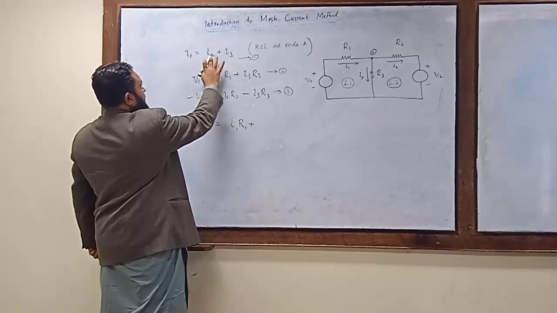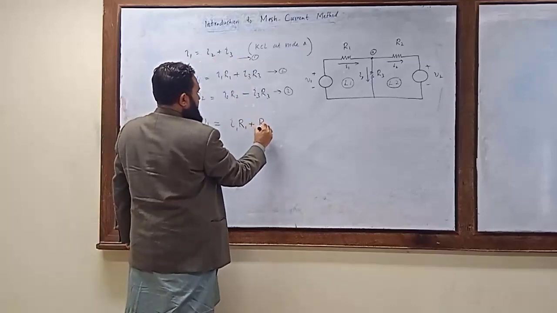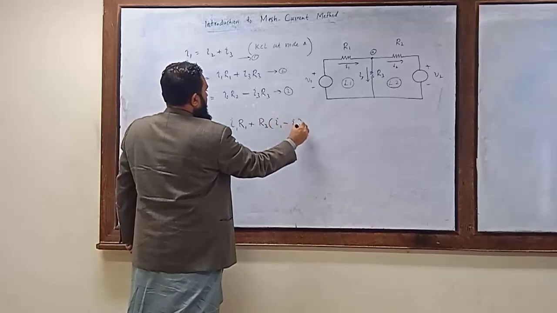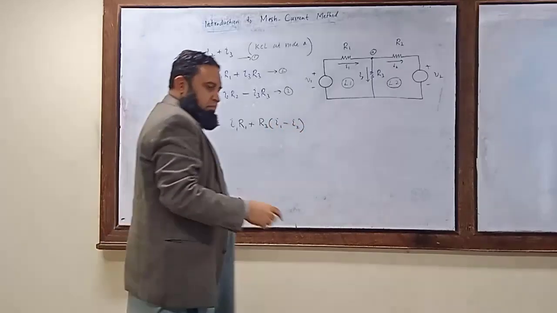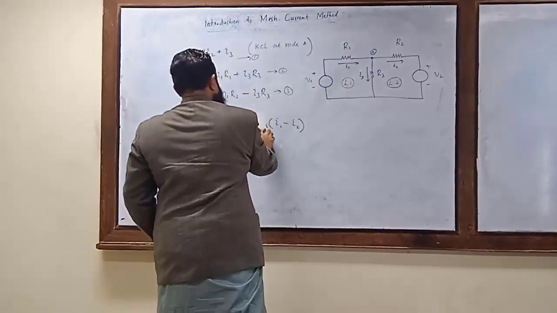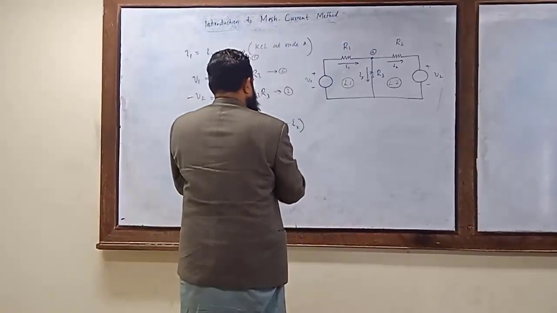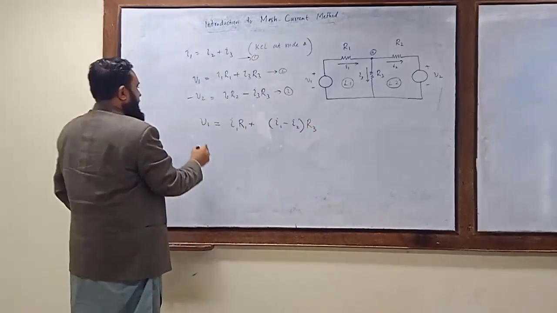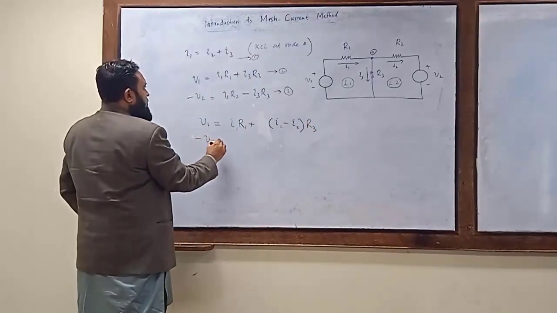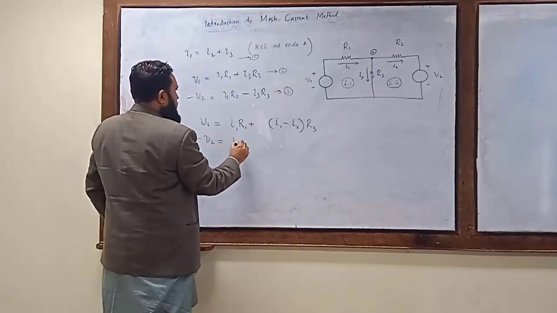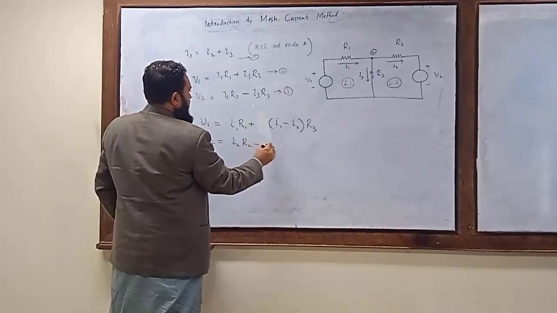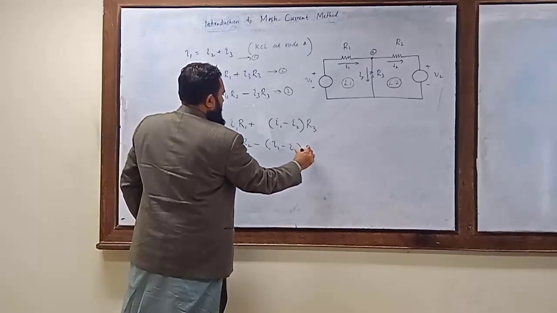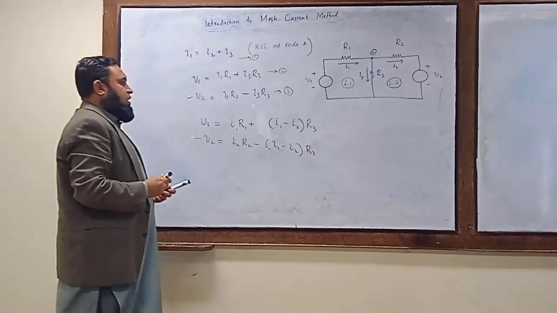I3 is equal to I1 minus I2. So I1 minus I2, and it's better to write R3 here just to have the same representation. And similarly, we have V2 is equal to I2 R2 minus I1 minus I2 into R3.